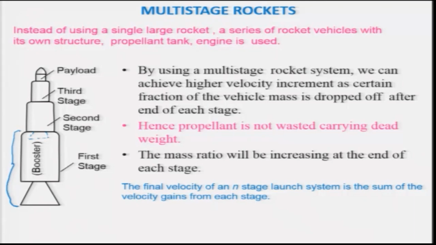Mathematically, delta V t, the total velocity increment, is equal to delta V 1 plus delta V 2 plus delta V 3 and so on till delta V n, which is the summation of delta V i, where i is equal to 1 to n, and n is the number of stages.